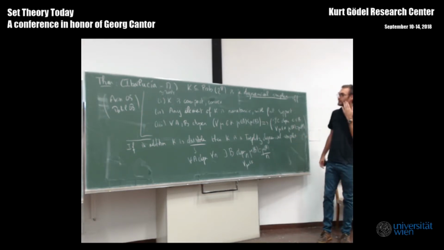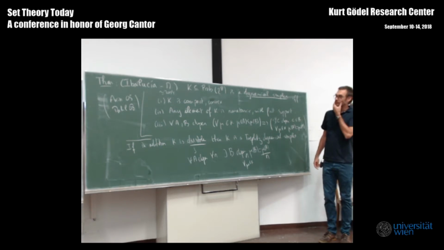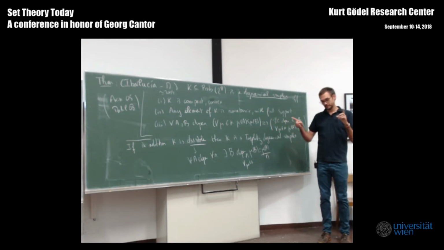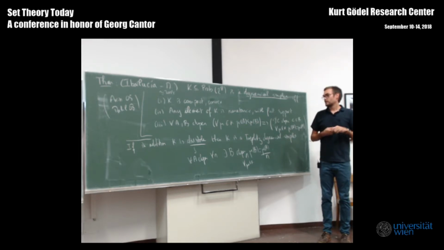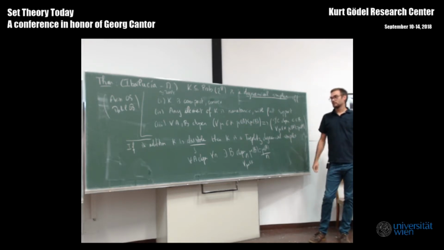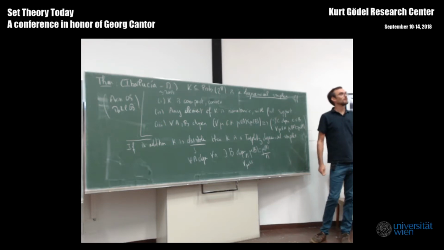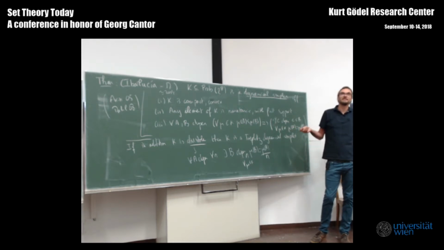For a concrete example, you could have just one measure which takes values on Clopen sets that are multiples of pi, say modulo 1. This can happen. And there you cannot divide by 2. I mean, you can almost divide by 2, but you cannot exactly divide by 2.